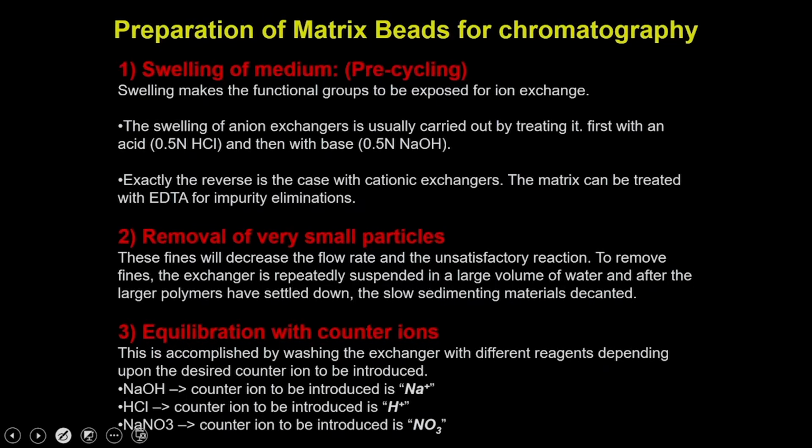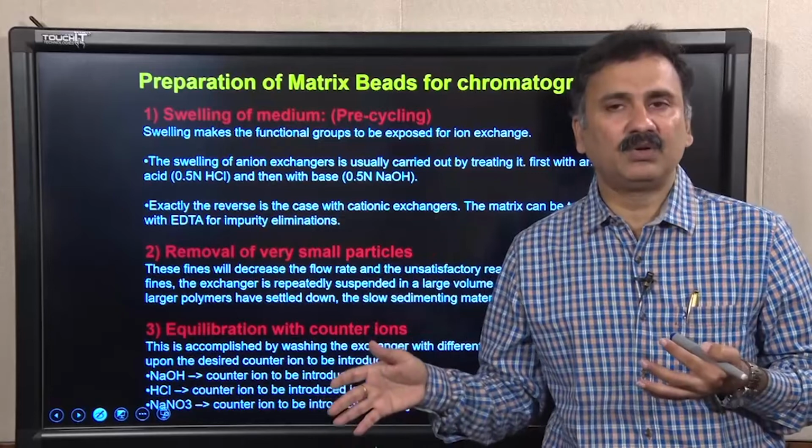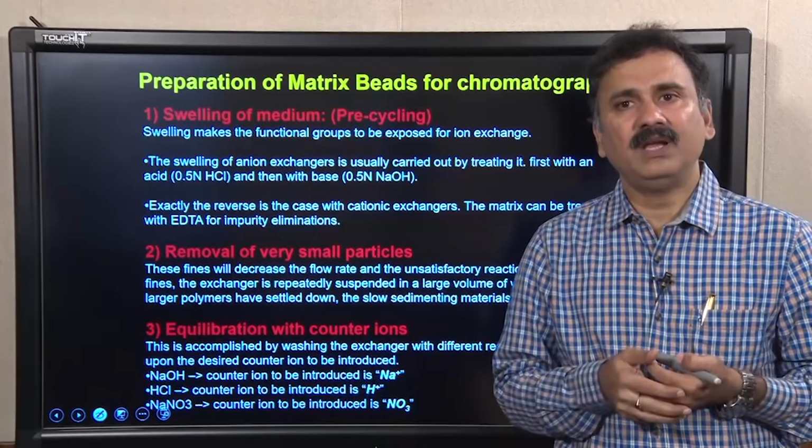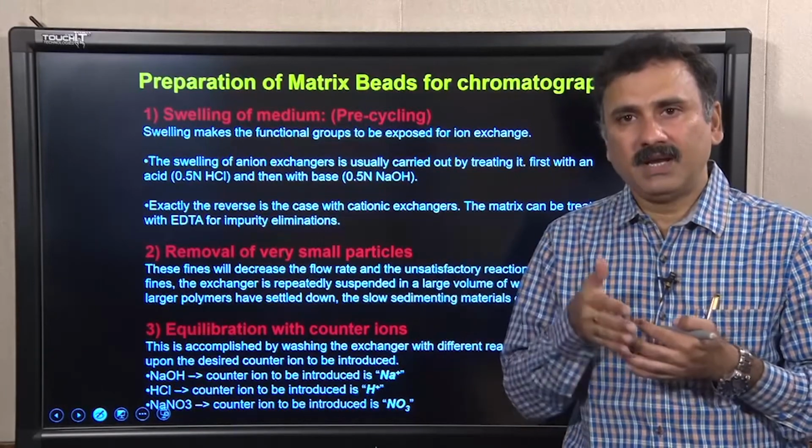Now, once you have decided whether you would like to use cation exchange chromatography or anion exchange chromatography, you have to process the matrix for utilizing it in the ion exchange chromatography columns. Nowadays, most of the chromatography matrices, whether for anion exchange or cation exchange chromatography, come free of any pre-processing.